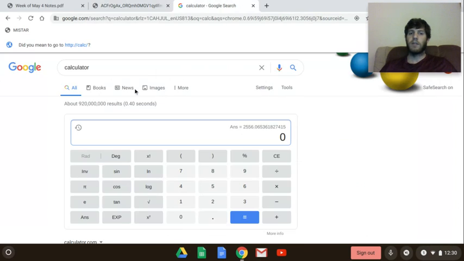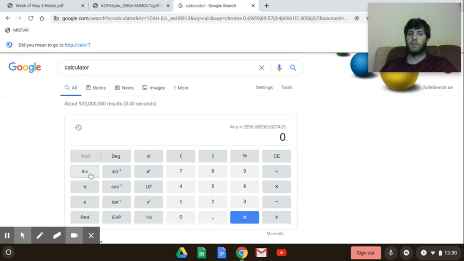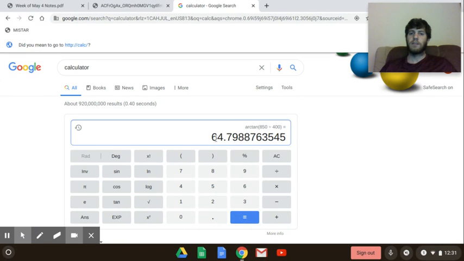So we go to our calculator, we make sure we're in degrees. Okay, and we're going to do inverse tangent, 850 divided by 400. Remember, arctan is the same as inverse tangent. Right, and then we hit enter, and it's telling us 64.79, so basically 64.8 degrees.